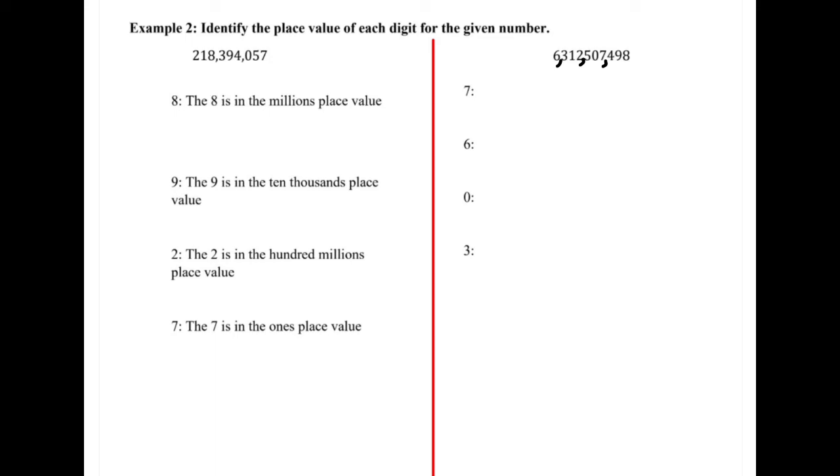All right, so where's the 7? Here's the first period, here's the second period, and it's in the first group, so that's the ones of the thousands. So that's just going to be thousands. You could say the 1000s place, that's fine, but most people don't. Okay, so it's the thousands place.